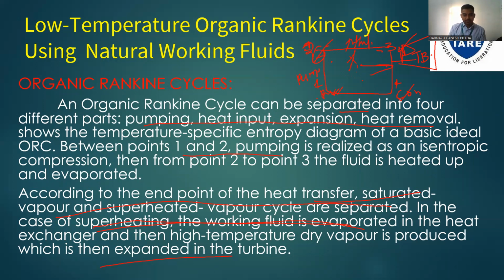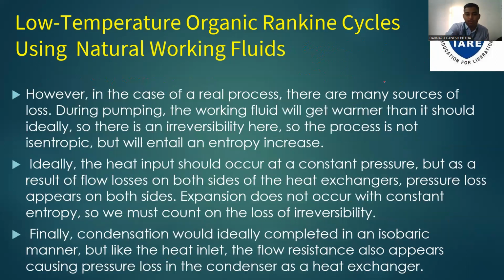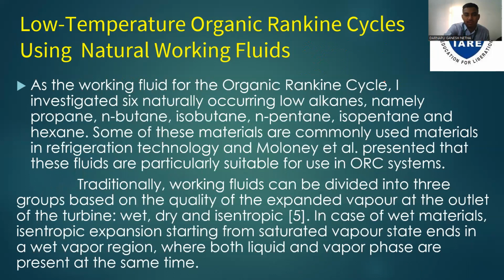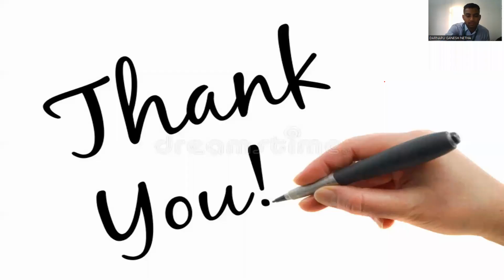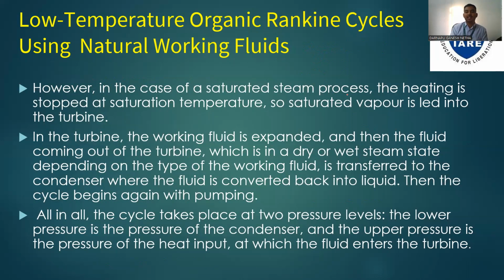At this point the saturated vapor and superheated vapor cycles are separated, and the superheated working fluid is expanded. However, in the case of the saturated steam process, the heating is stopped at the saturation temperature.